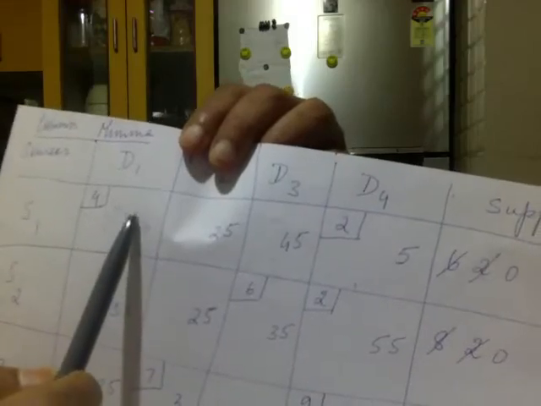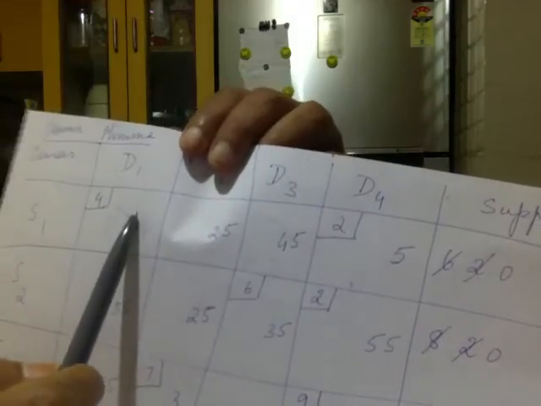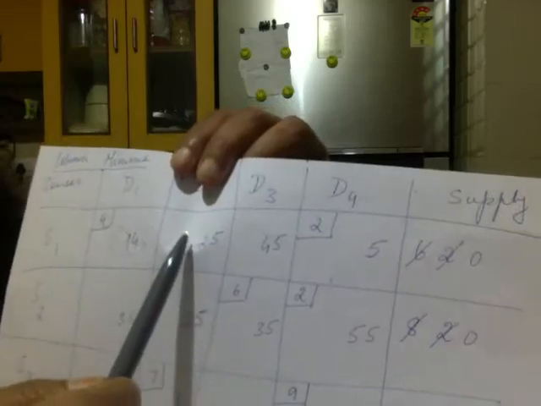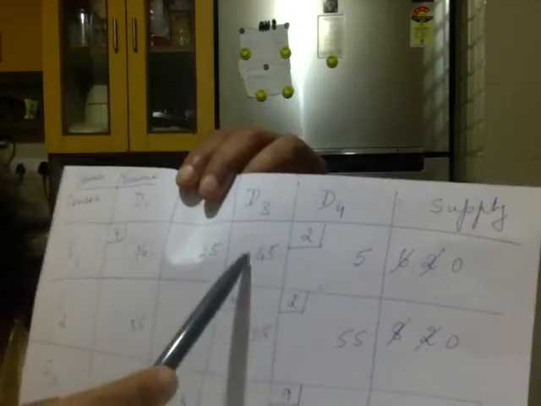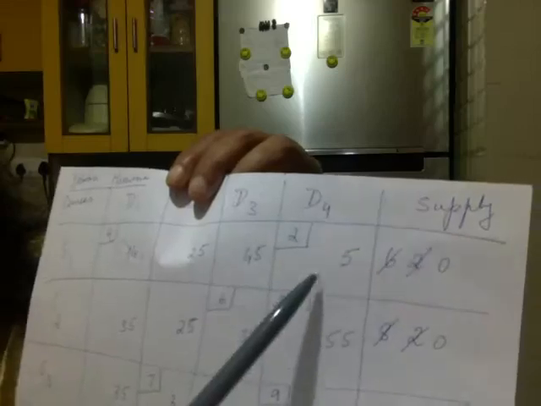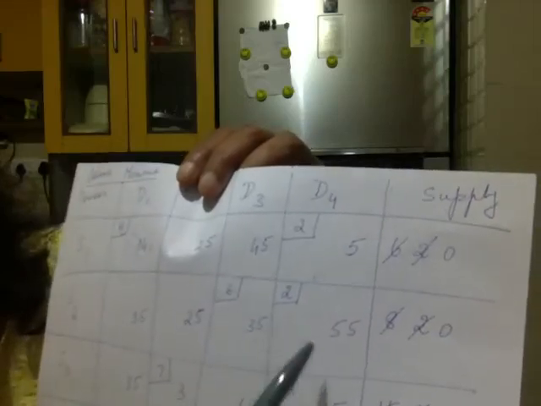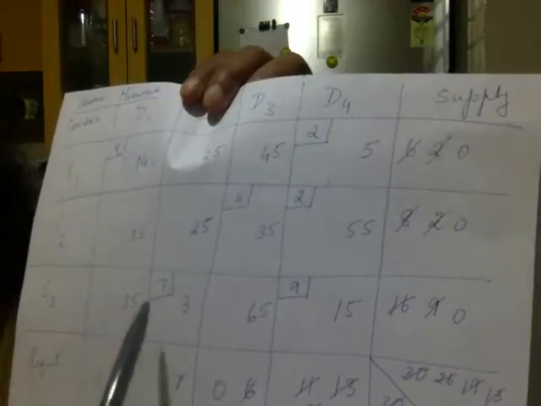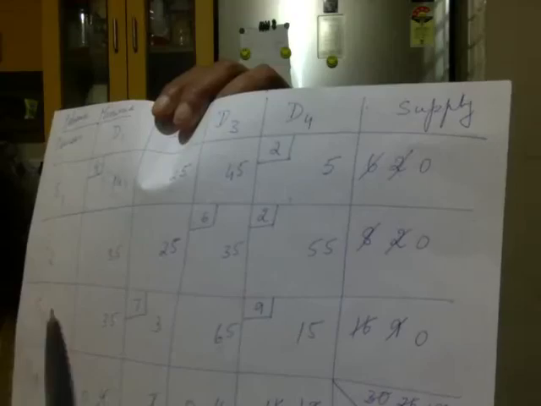Wherever there is an allocation done, it is an occupied cell. This is an unoccupied cell. This is an unoccupied cell. This one, yes, occupied cell. Unoccupied, unoccupied, occupied, occupied. Similarly, unoccupied, occupied, unoccupied, occupied.